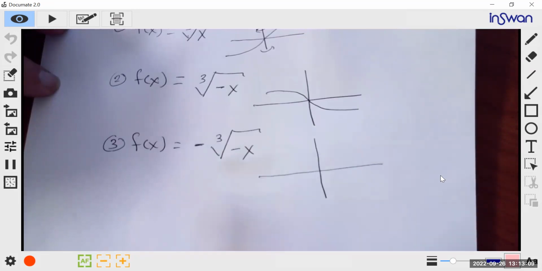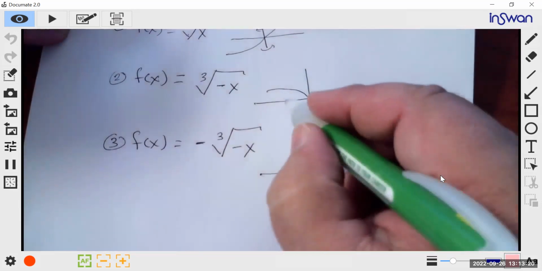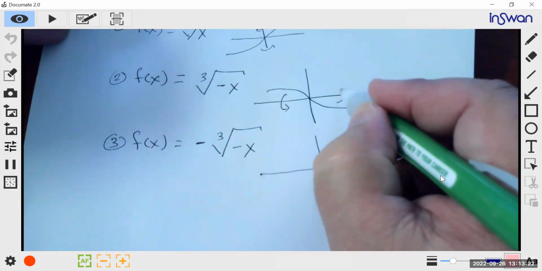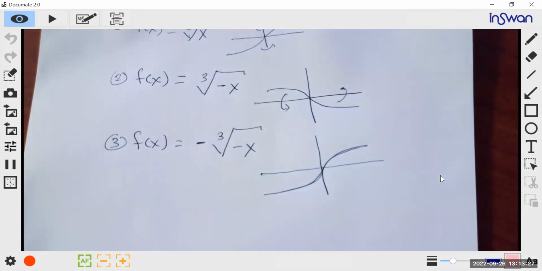Look at your notes. If it's outside the function, what happens to the graph? Flips across the x-axis. So now it goes like this and like this. Goes back to the original function.